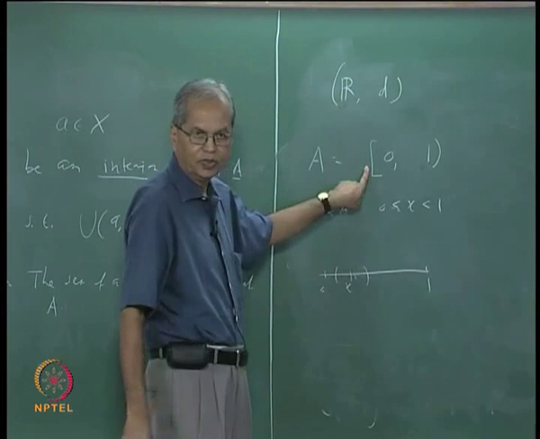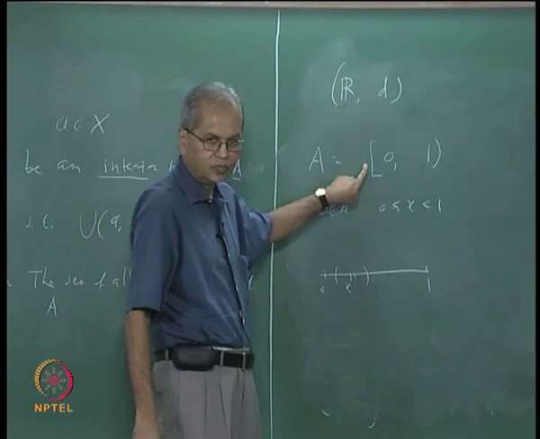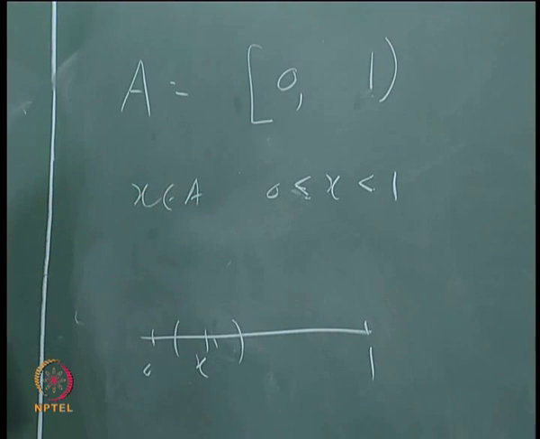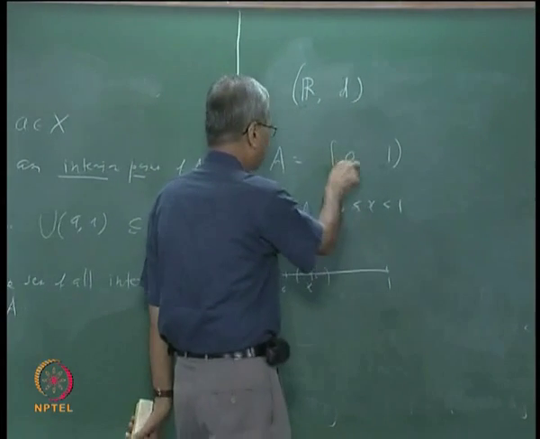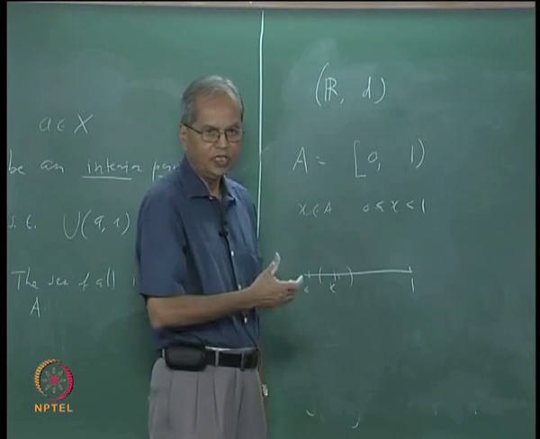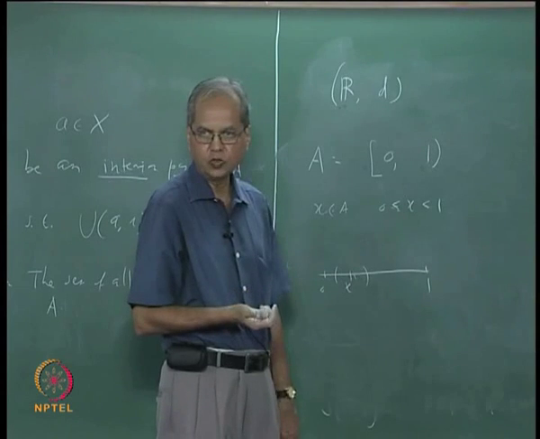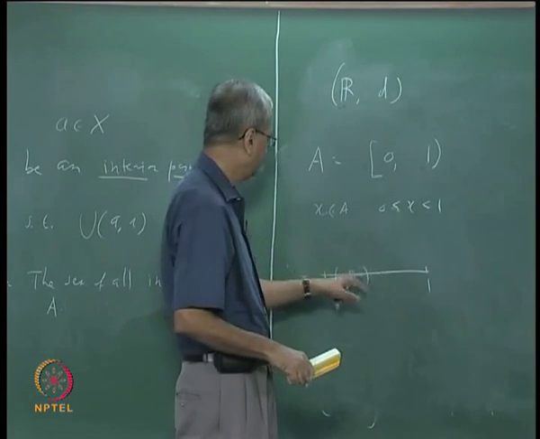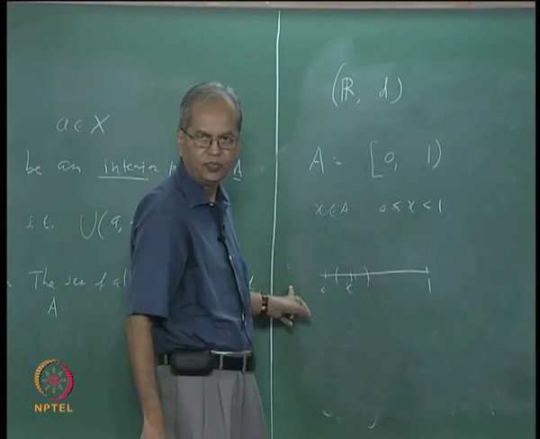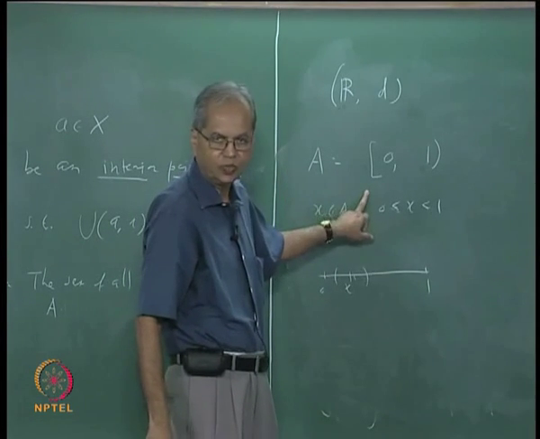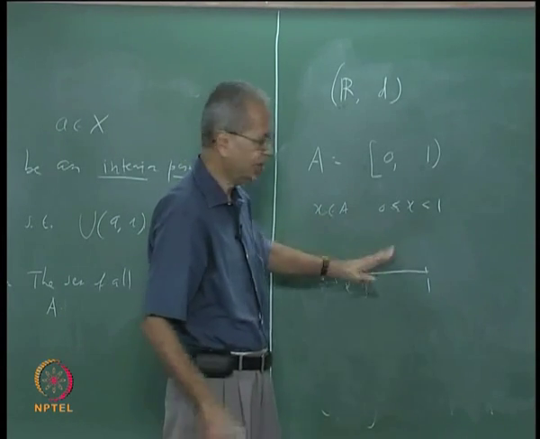Now which point is left out? The point 0. Is that an interior point, and why not? Because whatever r you take, the open ball with center at 0 and radius r will be of the form minus r to r, and every such ball will contain some point which is outside A. So 0 is not an interior point, and all the rest are interior points.